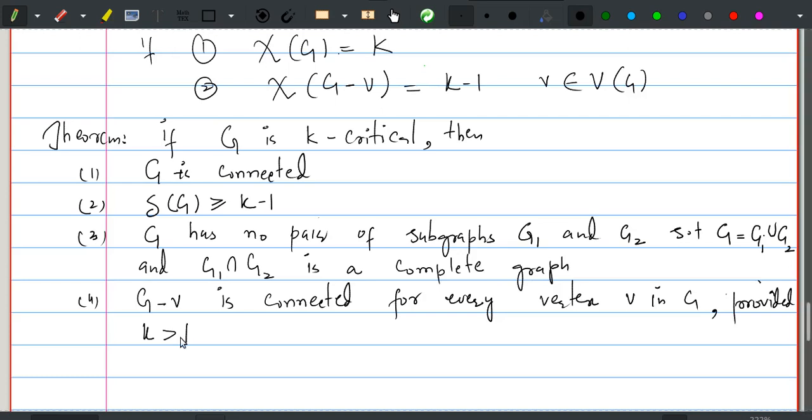So in that case, G minus v is also connected.